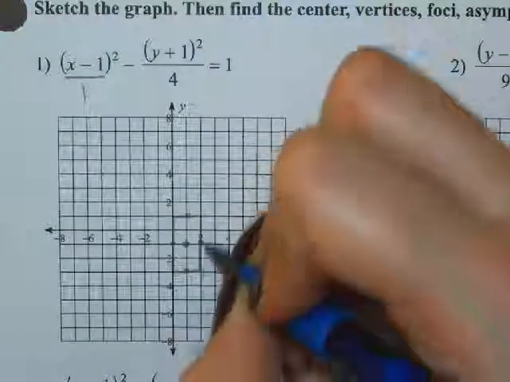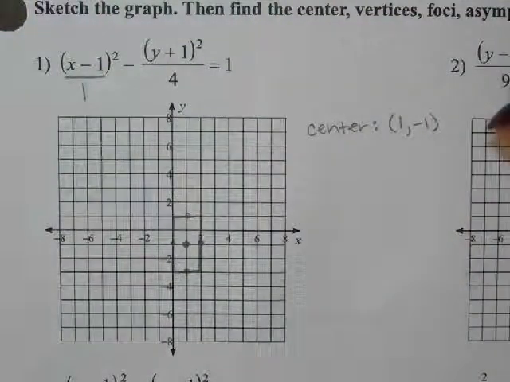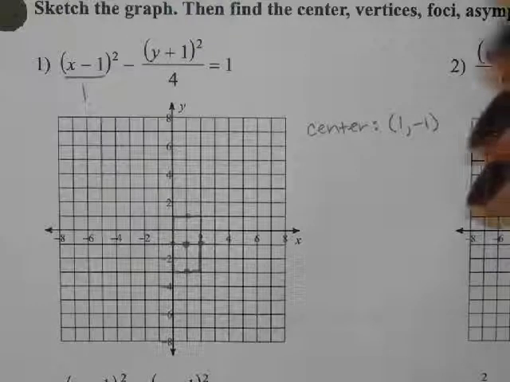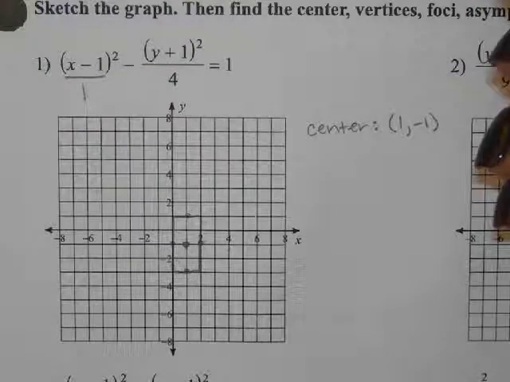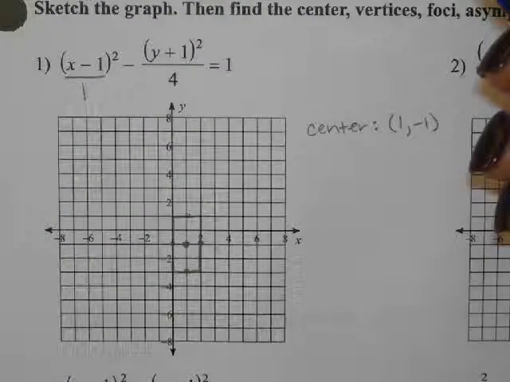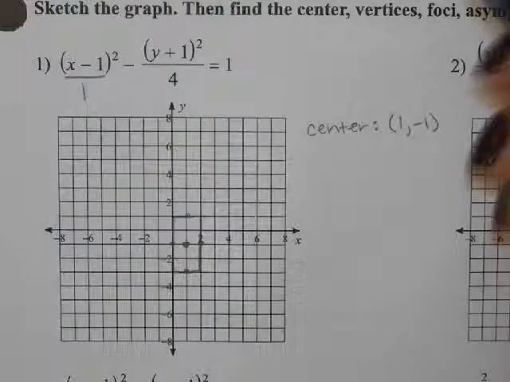And then what do we do with that rectangle? Not vertices, it starts with an A. Asymptotes. The asymptotes you draw from corner to corner.